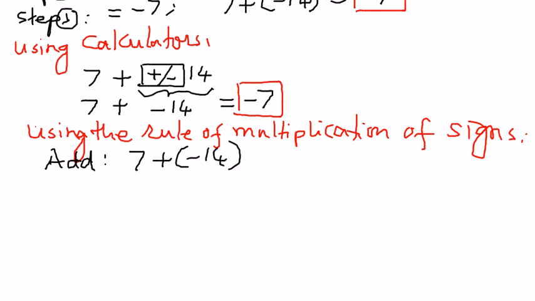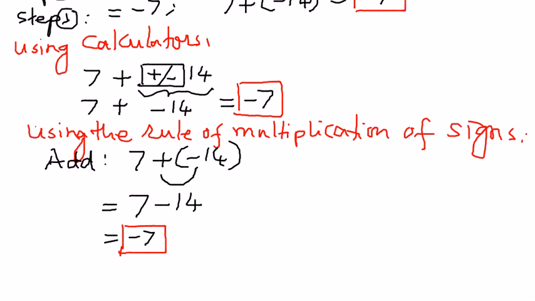So we know that positive times negative is going to be equal to a negative, 7 minus 14, like that, and then 7 minus 14 is going to be equal to negative 7. So no matter which way we do it, we come up with the solution of negative 7.